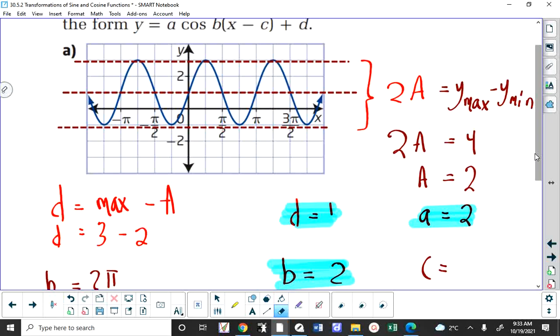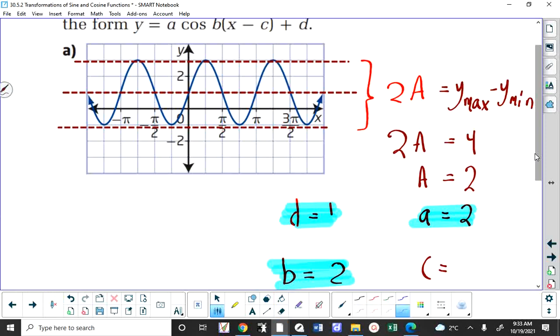What I am really going to sketch in order to identify what C is, is y equals 2 cosine 2x plus 1. Is it theta or x? It's x in this case. What I'm saying, everybody, is maybe C is 0. Maybe there is no C.